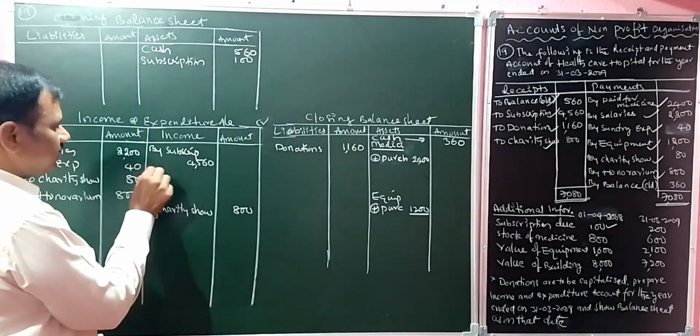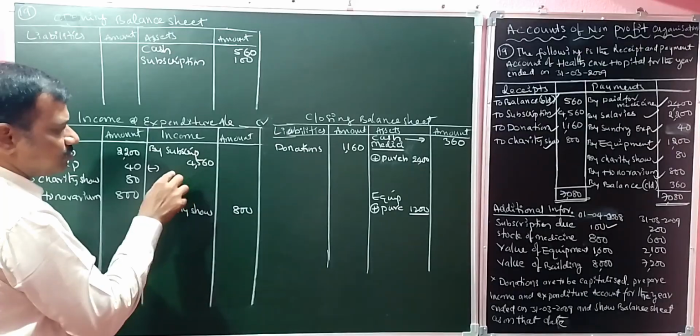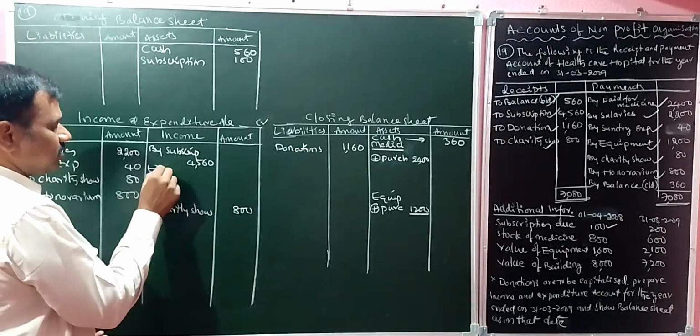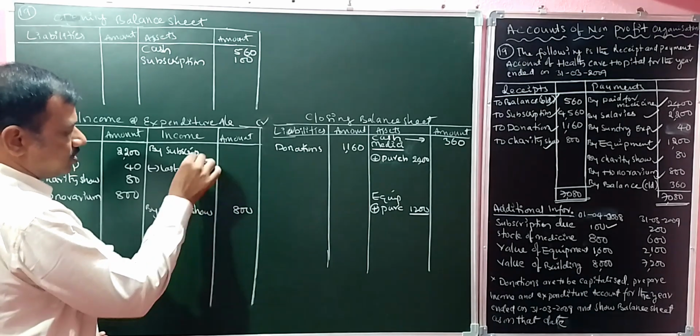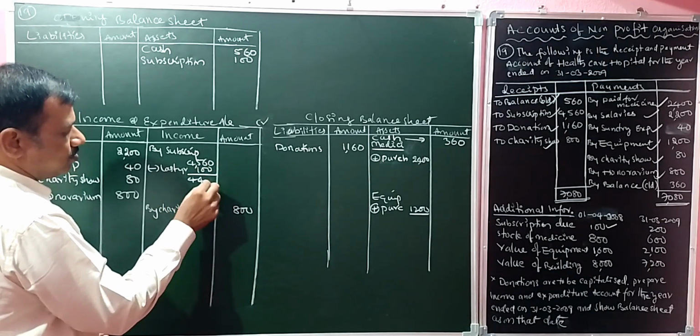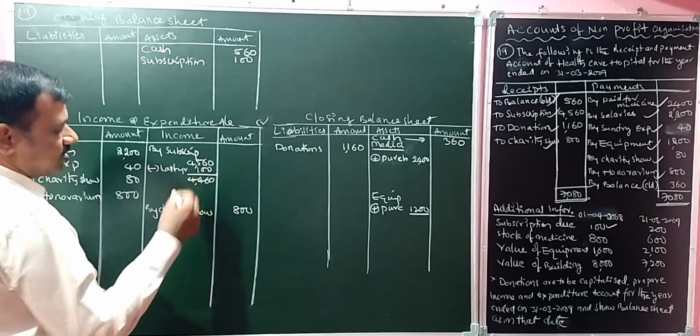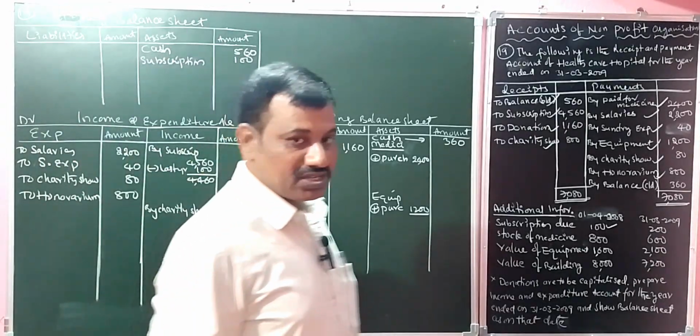The second time it is deducted from subscriptions in the income and expenditure account, because it is last year's value, 100 rupees. The remaining value is 4460 rupees in the inner column. One more adjustment is given.